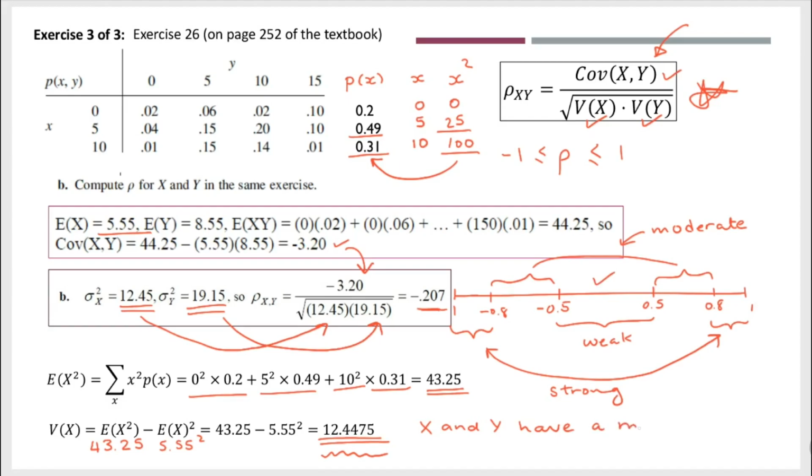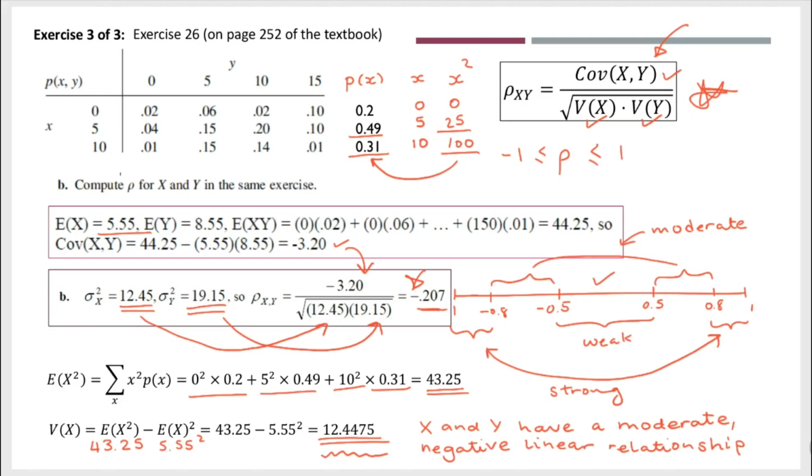So you would say x and y have a moderate, and then you can see the sign here, so you'll say negative, and then don't just say relationship, because correlation doesn't just measure any old relationship. It measures the extent of a linear relationship. Okay, so just because, let's say, your data might have a correlation equal to 0, that doesn't mean there's no relationship. It just means there is no linear relationship.